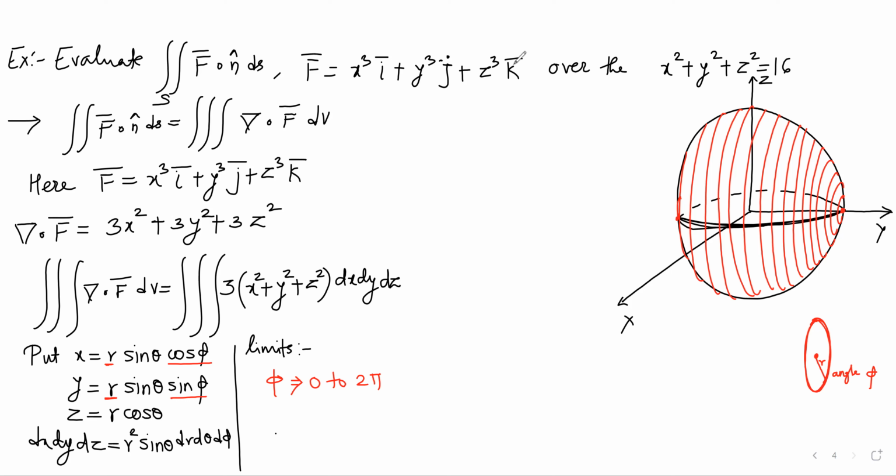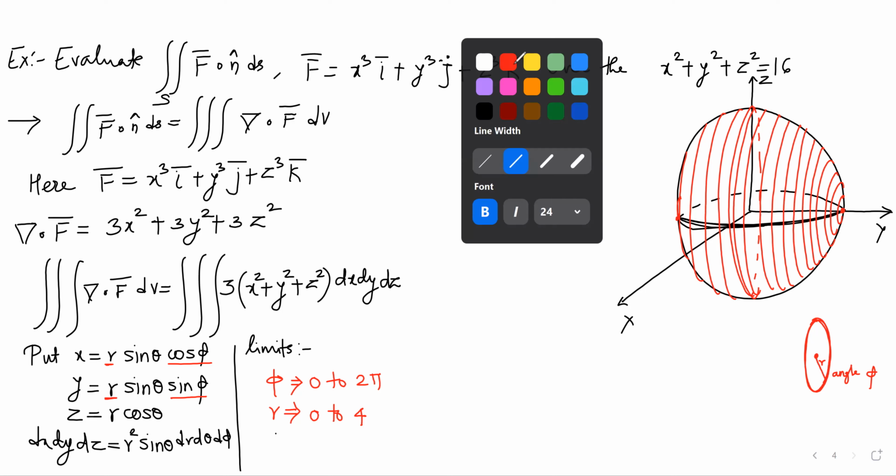We have the point circle to the greatest circle. This is your greatest one. So r will take the value from 0 to a. What is a here? The radius is 4, since 16 is given, no? So the radius is 4. And now we have to decide theta.